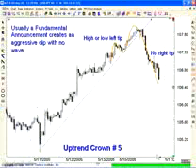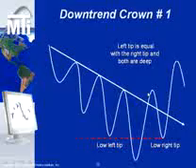Why? Because the market just falls. So crown number 5 is high or low left tip with no trading opportunity on a right tip unless you short the market when the market gets into the sell zone.